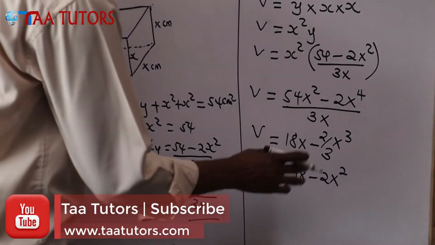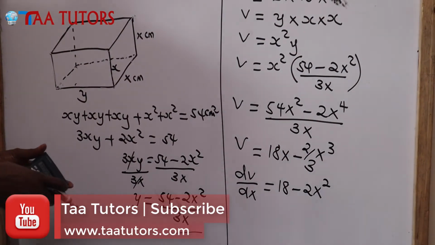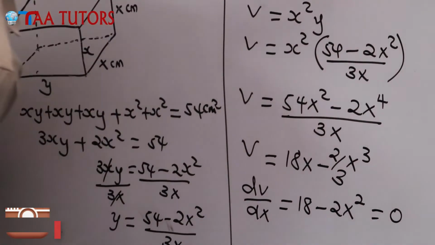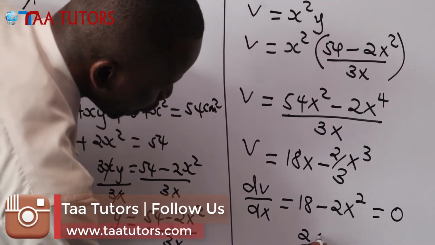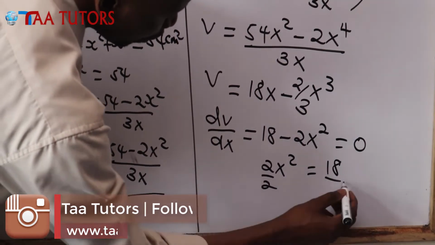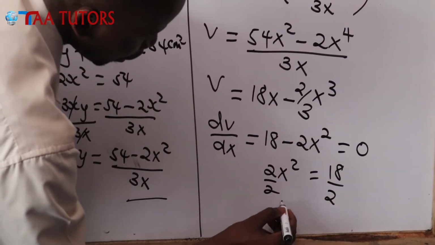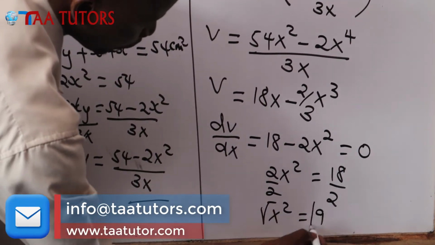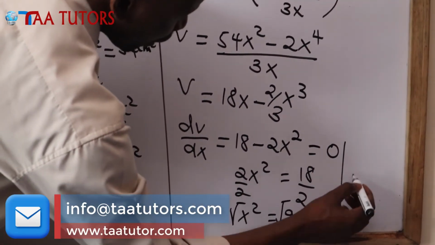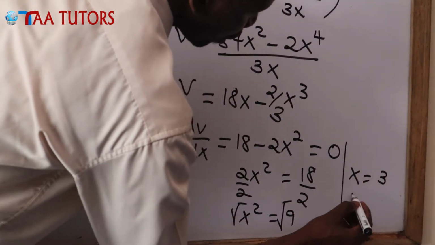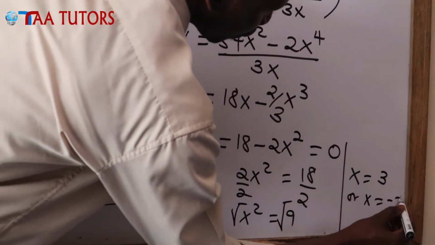We know that at maximum volume, at a turning point, dV/dx must be 0. So we have 2x squared equals 18. If I divide by 2, x squared is 9. If I take the square root, x equals 3 or x equals negative 3.